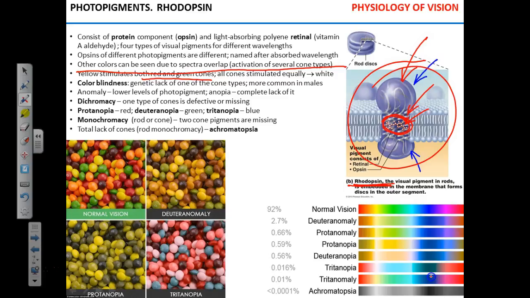Okay. So we have four different types of photopigments, four different proteins. What do they consist of? Which elementary building blocks, which molecules do they consist of?